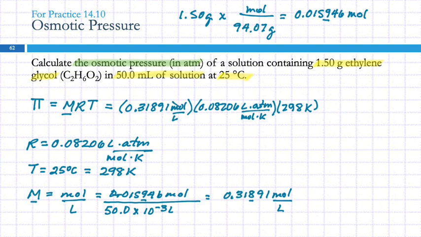Look, the moles cancel, and the liters cancel, and the Kelvins cancel. So 7.80 atmospheres is the osmotic pressure of that solution.